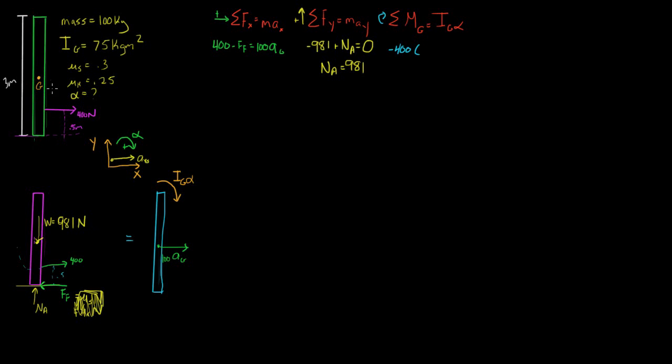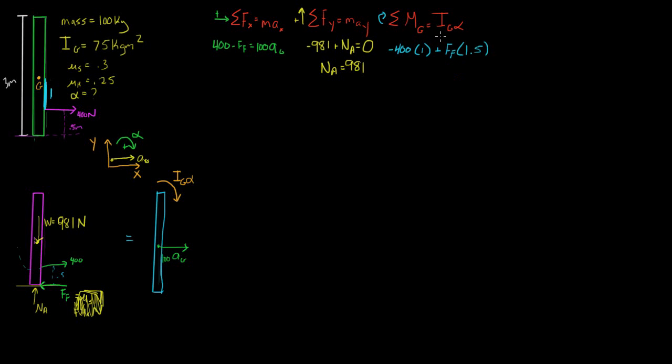So this distance from here to this 400 Newton force is just going to be 1 meter. So it's going to be minus 400 times 1. Now this frictional force is going to be positive because the arrowhead is going first. So it's going to be a plus frictional force times this entire distance, which is 1.5.